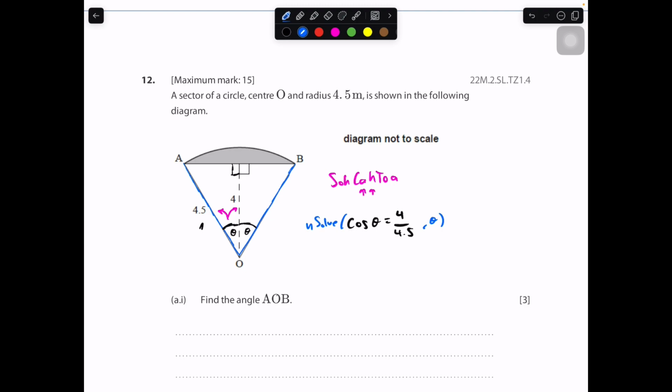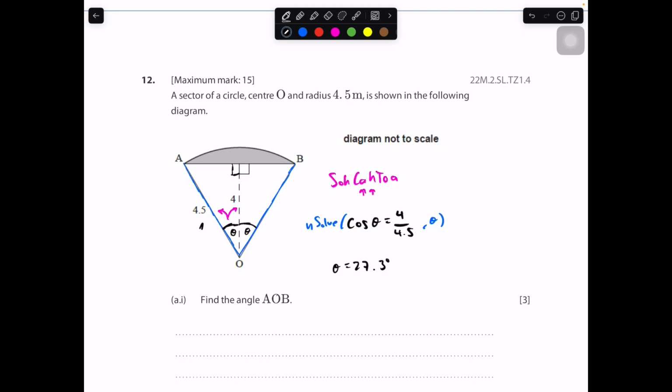Make sure you're in degrees, of course. I'm going to work this out on my calculator beside me. And then we have cos theta, and it looks like theta is equal to 27.26 or 27.3 degrees. Not bad for a, whoops, sorry, I'm not quite done yet. Not bad for a 3-mark question.